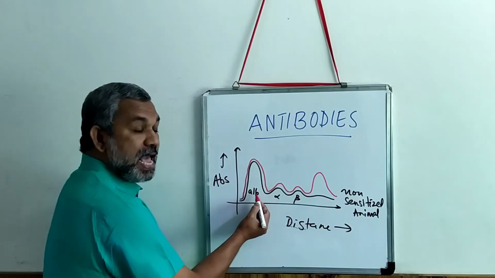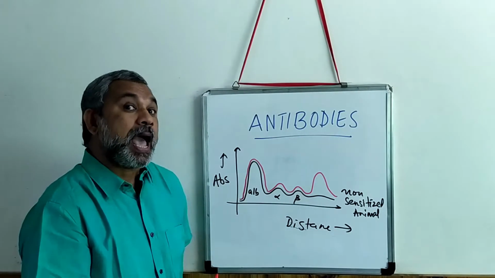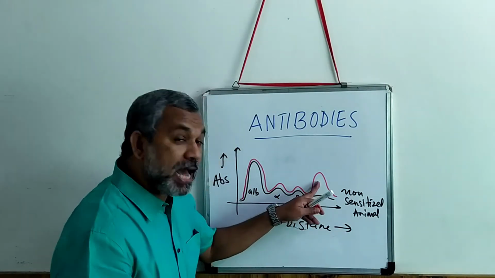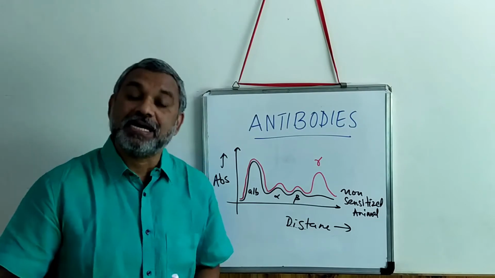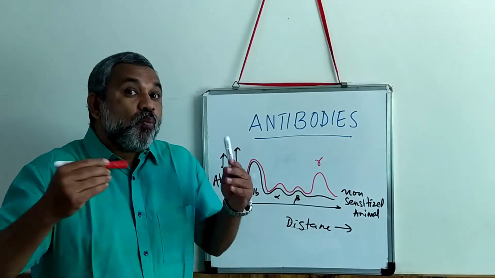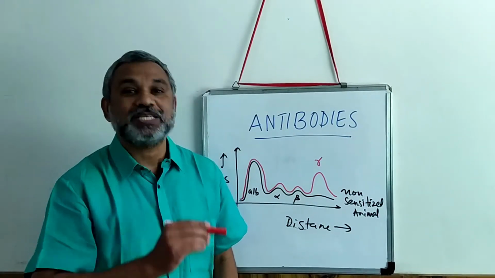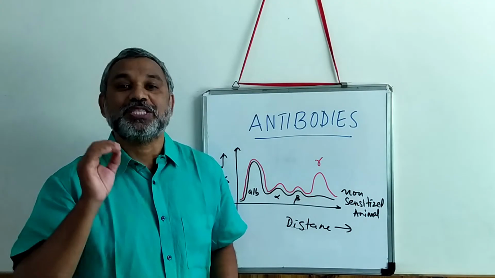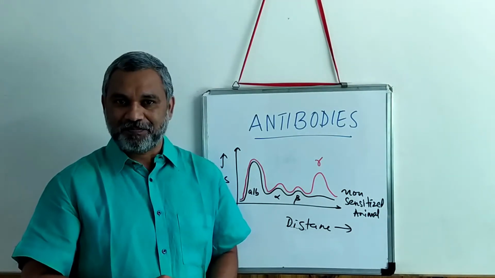This represents the albumin, the alpha globulin, beta globulin, and then you will find another peak, and that peak is nothing but the gamma globulin. So they were trying to understand what is present in this gamma globulin, and that is how they came across these antibodies which are produced against the antigens.